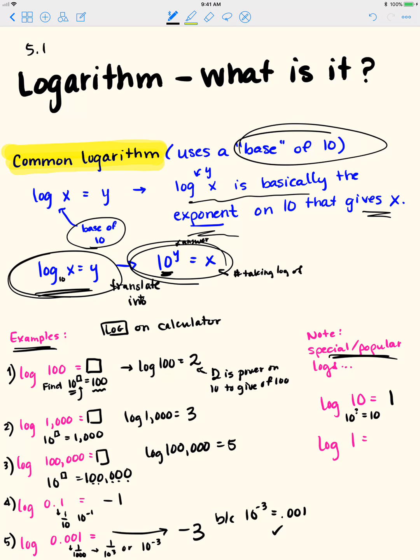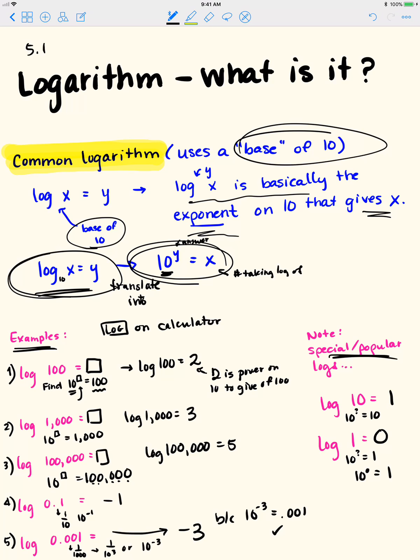So the log of 10 is 1. If the number that you're taking the log of matches the base, in other words, common log of 10, you just get back the number 1. If you take the log of 1, you're again asking yourself, okay, 10 to what power would give me the value of 1? And the exponent that gives a value of 1 is going to be 0. 10 to the 0 power equals 1.